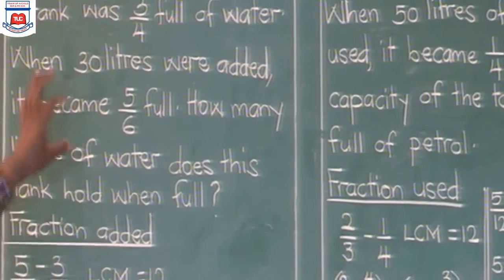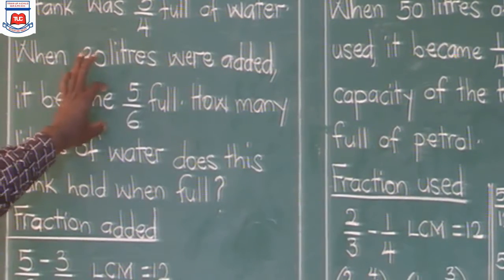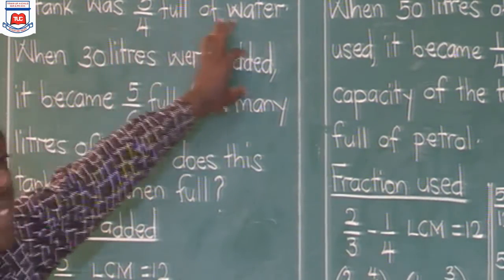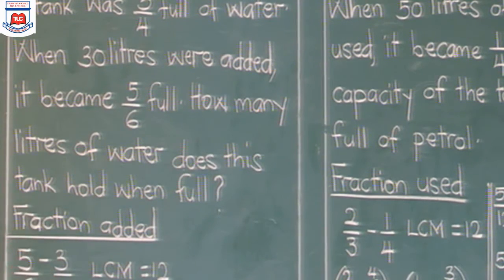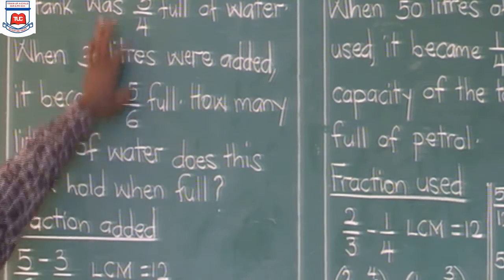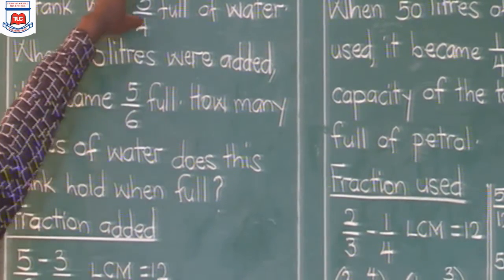Now, I have to ascertain the fraction that was added. That's why you start by saying fraction added. Much as you see the word added, this fraction added is going to be found by subtraction of the new level minus the original level.